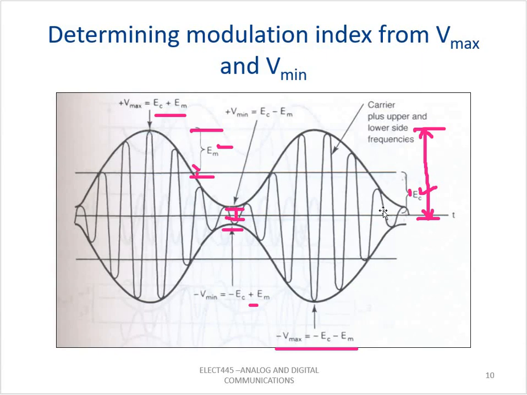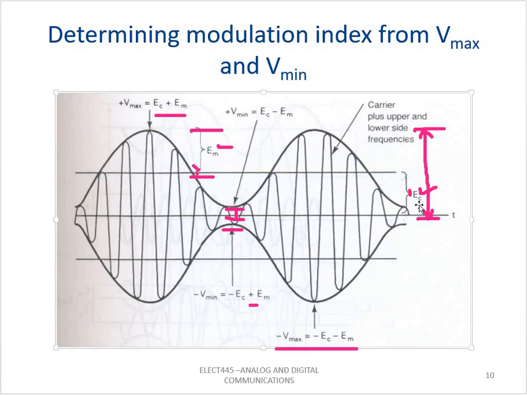You can see here this one is the EC. So if we take EM divided by EC, multiplied by 100, we can get the modulation index, and we can get Vmax and Vmin from the formula provided.